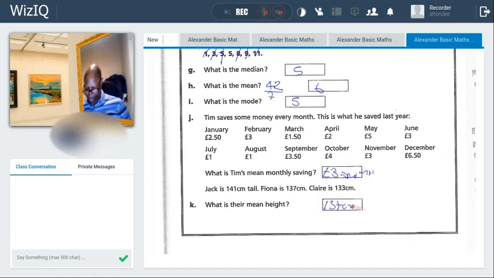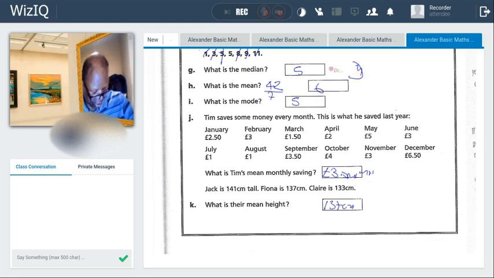We need to do quite a bit of work. But let's look at this median, mode. Page 335. You have it, yeah? Okay, so let's look at that page.